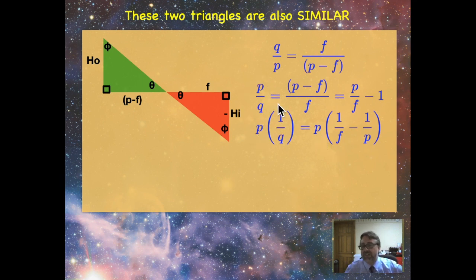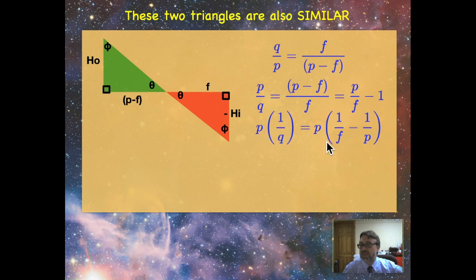On the left side of this equation, if I factor out P, that's the same thing as P times 1 over Q. That is 1 over the distance of the image. On the right side of the equation, if I factor out the P, well, P times 1 over F gives me the P over F part. P times minus 1 over P gives me the minus 1. So this does match what I have written here.